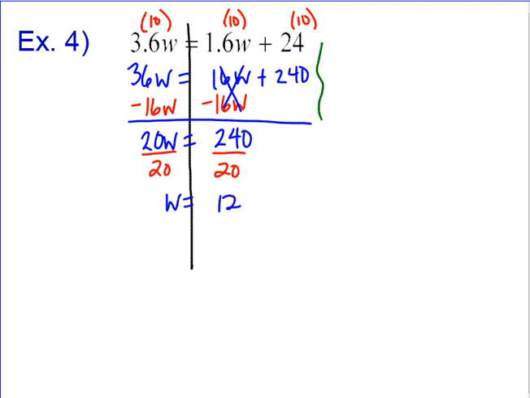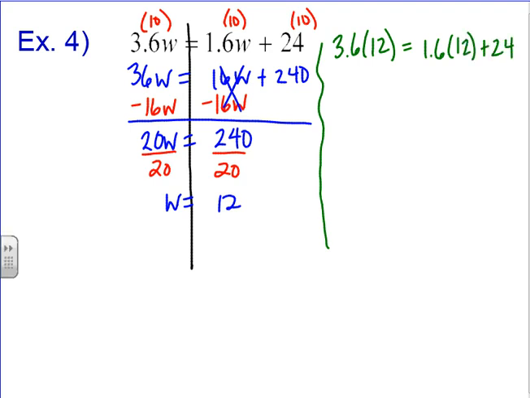We're going to check and see if our solution is good. 3.6 times 12 equals 1.6 times 12 plus 24. Okay, so we're going to start to work it out. We know that 3.6 times 12, when we multiply it together, is going to be 43.2.